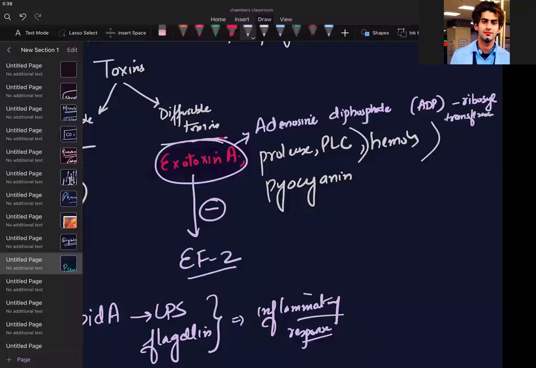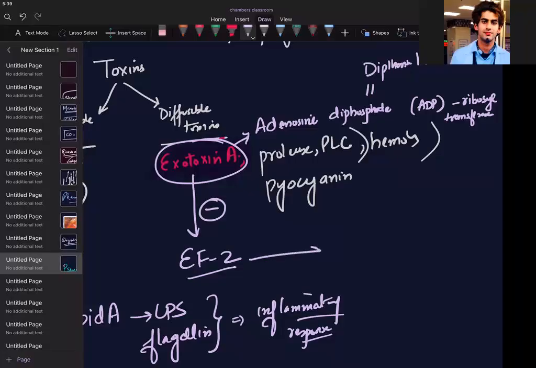It is adenosine diphosphate ribosyl transferase, which is equal to the diphtheria toxin. Whatever the diphtheria toxin does, the same mechanism is done by this Pseudomonas exotoxin A. What is the function? It inhibits the elongation factor 2.